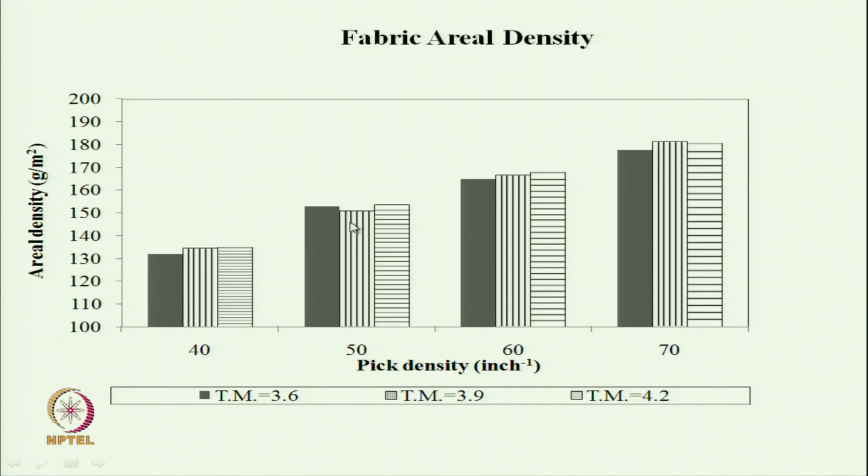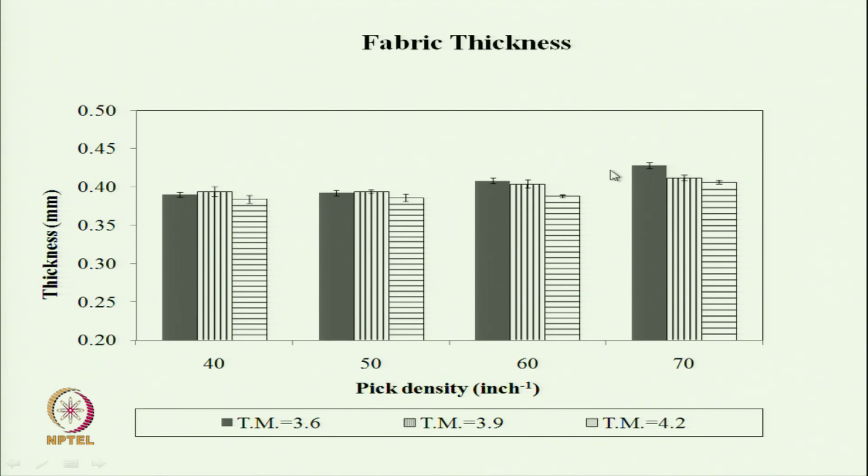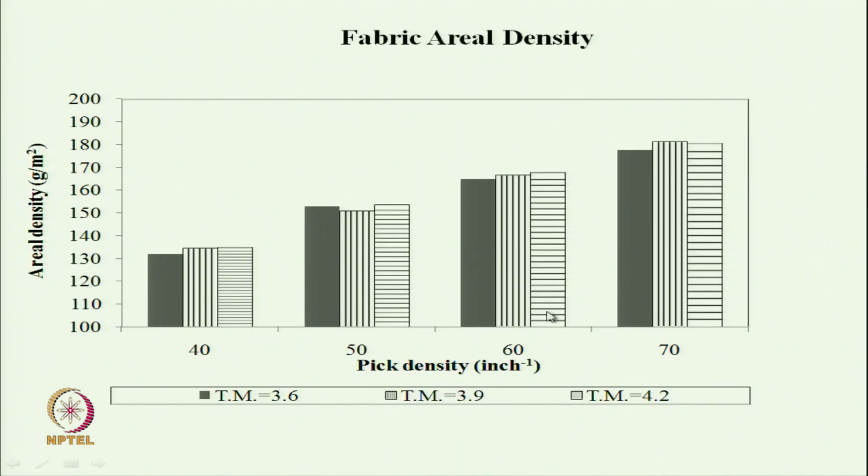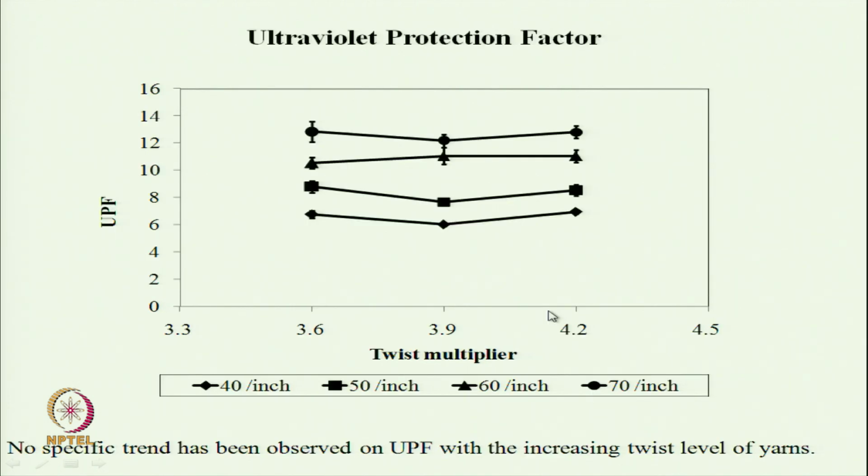So, areal density there is no effect of twist. Even as far as thickness is concerned, there is no such significant effect of yarn twist on thickness. So, effectively the twist multiplier does not have any significant effect on the UPF of fabric.